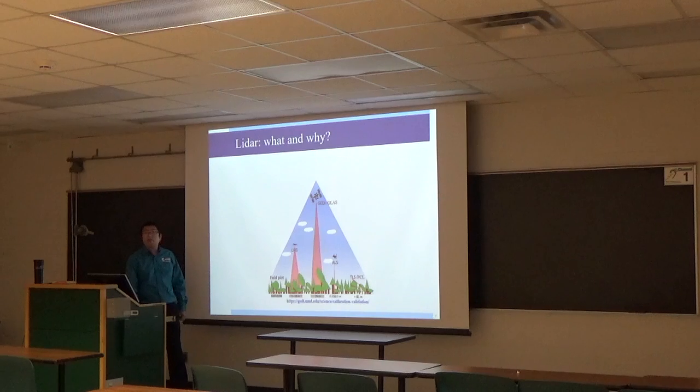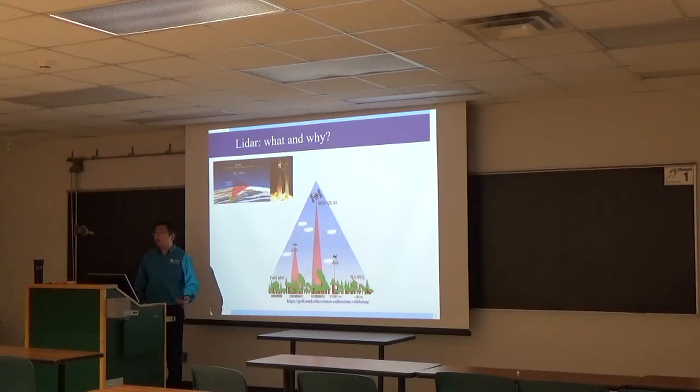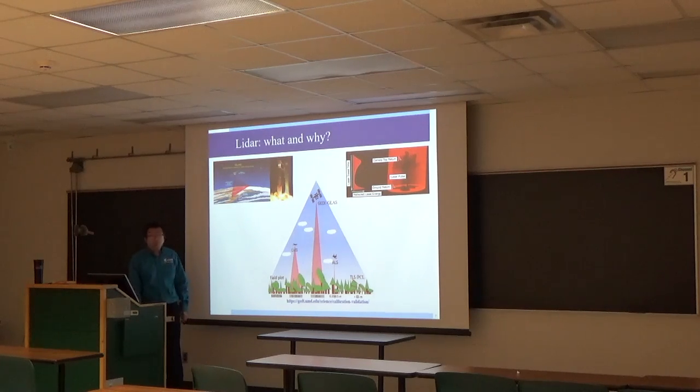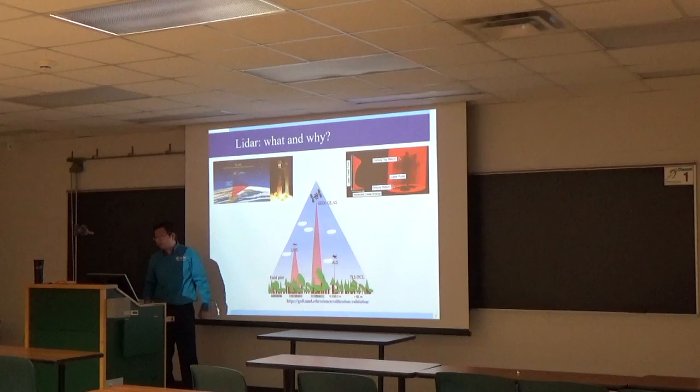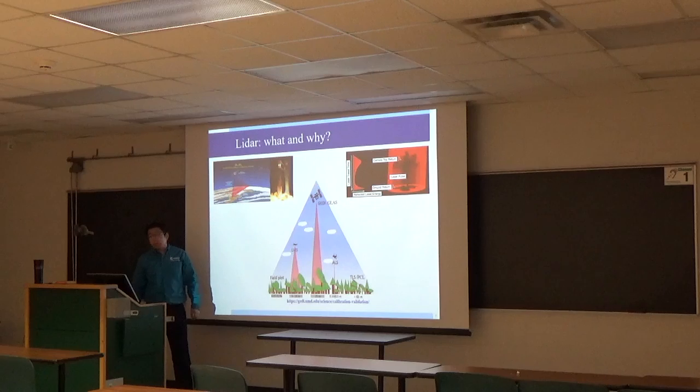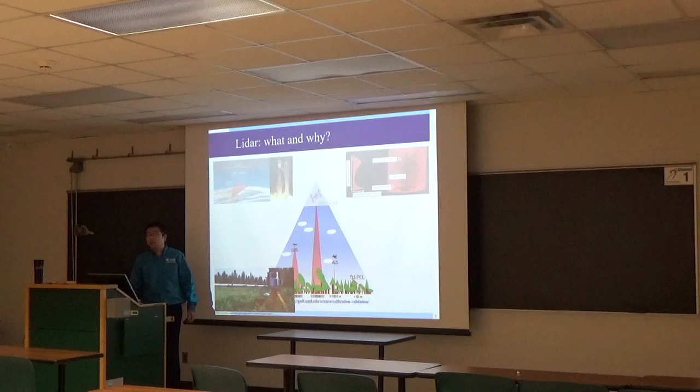Each of the LiDAR systems has different characteristics and specialties. Spaceborne LiDAR gives a really large footprint, so each beam covers more than one tree. So you get an estimate of the forest structure at roughly the plot level, and it can cover a very large spatial area.